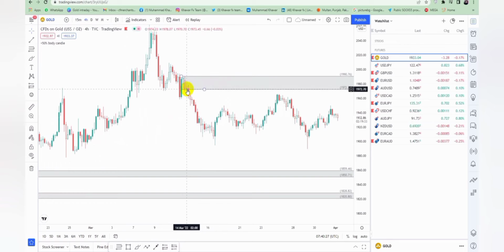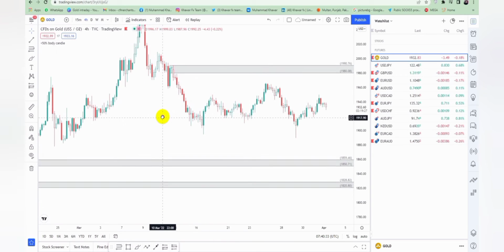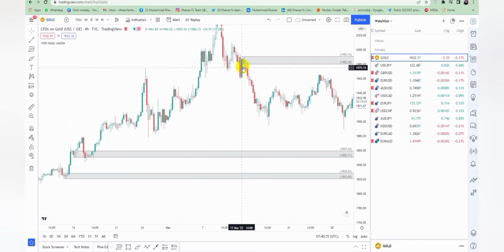Now 50% candles are shown in these colors, and we will have this zone. You can also have this zone, it is also 50%, and everything you are seeing in colors is 50%. So here is the zone, the main zone we can count.